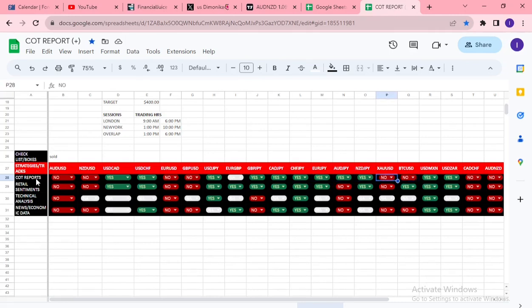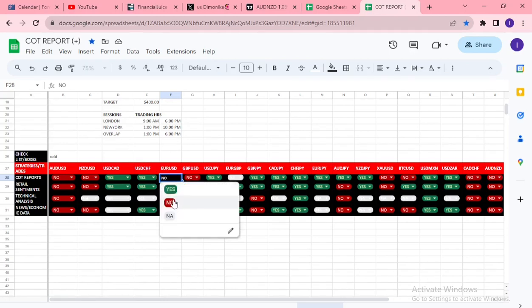Okay, this is Euro USD. Why it is in red is because it means sell. COT report wise, sell.